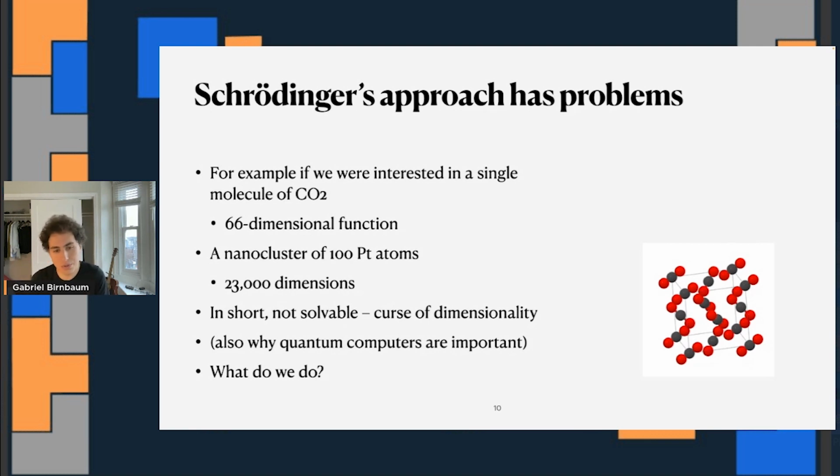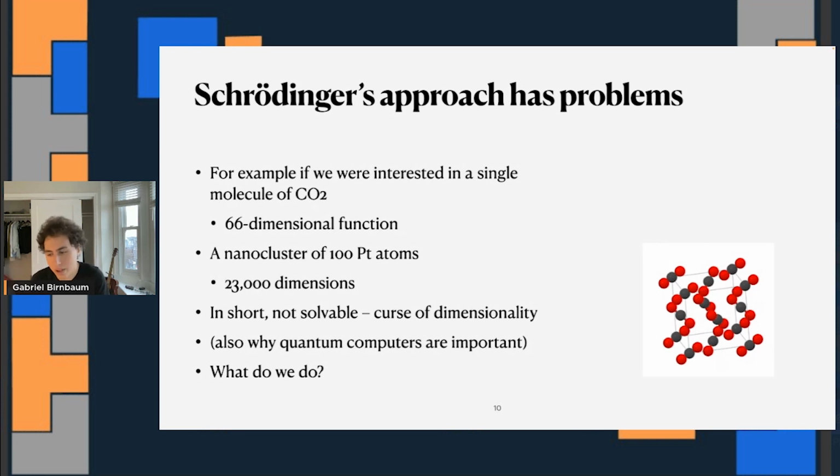If you're trying to compute a scientific computing problem with high dimensions, each dimension makes the problem exponentially more costly. At the moment, more than 10 dimensions is already hard. 23,000 is not feasible at all. And by the way, this is why quantum computers are important, because they would allow us to solve those problems without the approximations we use to solve them right now.